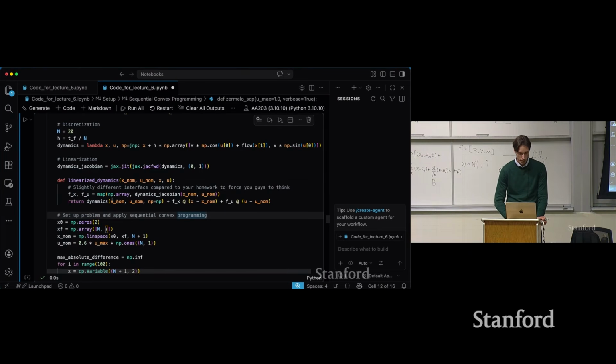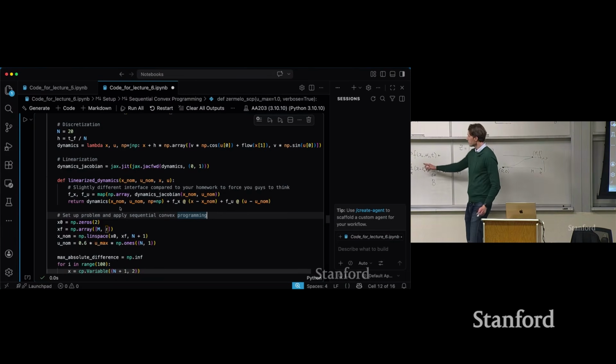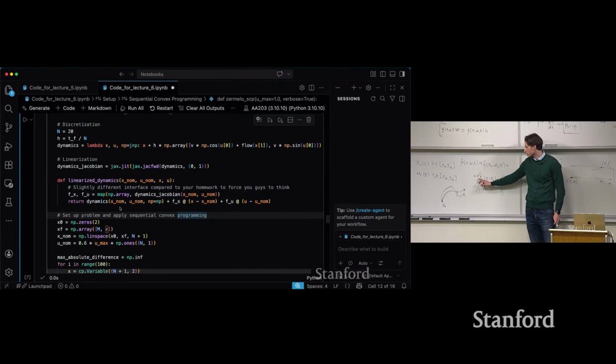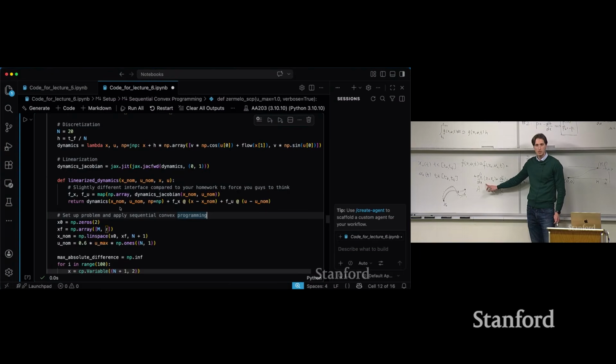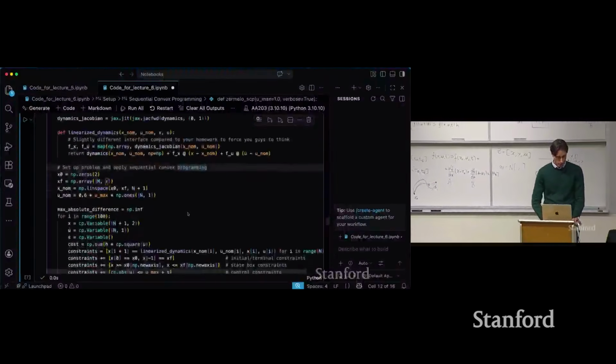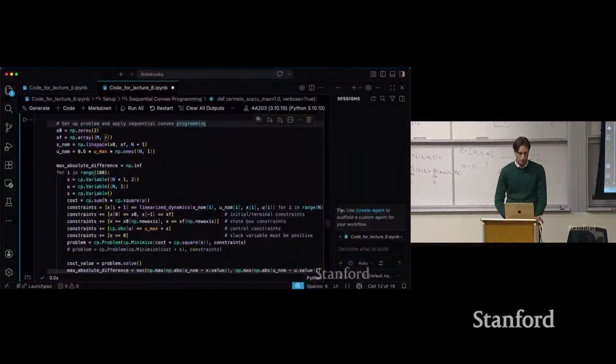And once we have this, we define the linearized dynamics as the original dynamics evaluated at the nominal guess, plus the derivative of f with respect to x times the displacement in x, plus the derivative of f with respect to u times the displacement in u. And so once we have this, we define our sequential convex programming iterations.